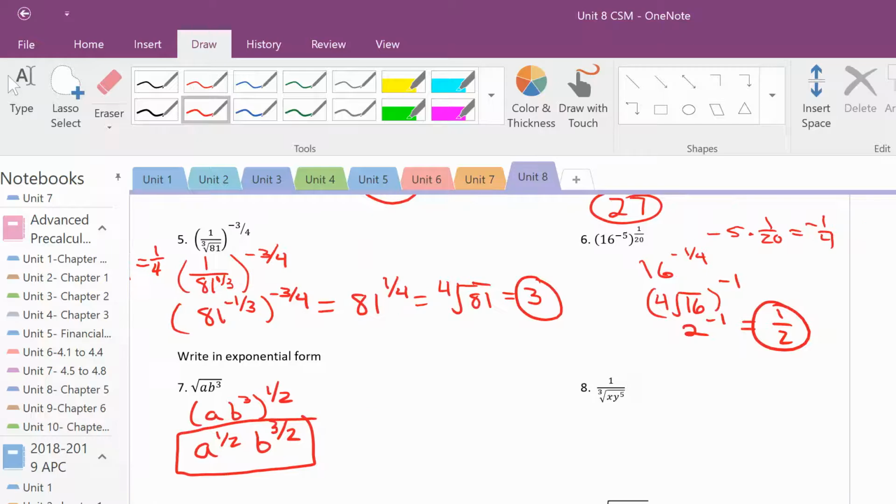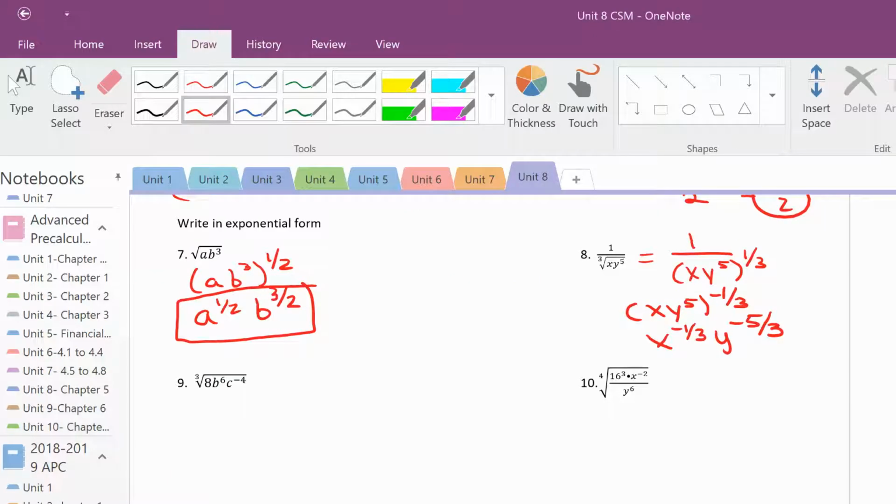So here we have 1 over xy to the 5th to the 1/3 power. So basically this is x y to the 5th to the negative 1/3. So then it's x to the negative 1/3 and y to the negative 5/3. All right, so that's the final answer.